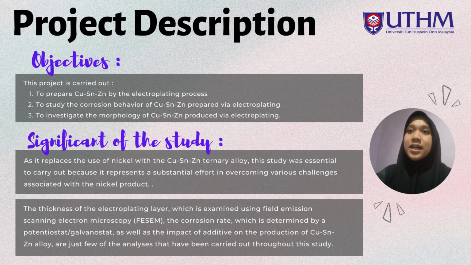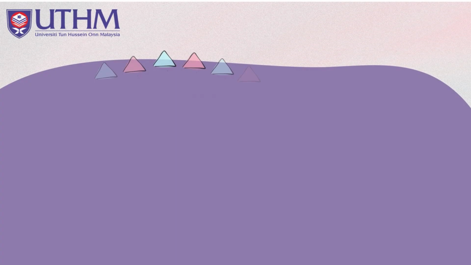The thickness of the electroplating layer is analyzed using field emission scanning electron microscopy (FESEM), and lastly corrosion rate, which is measured by potentiostat galvanostat, as well as the effect of additive on the production of copper tincing alloy.